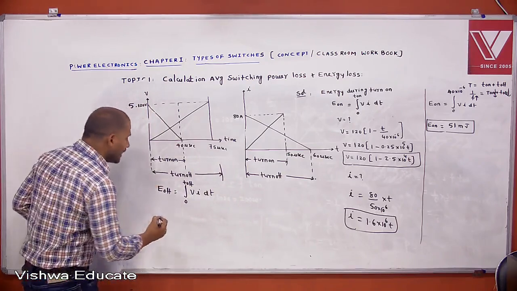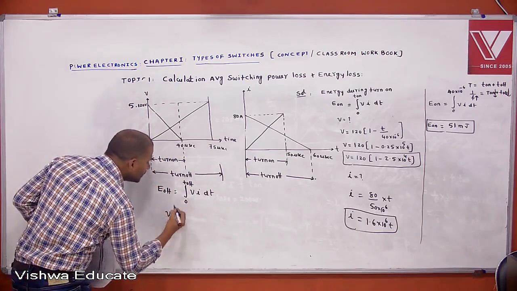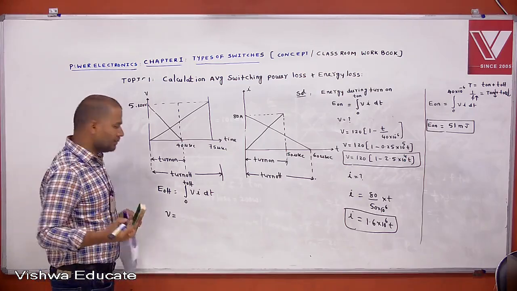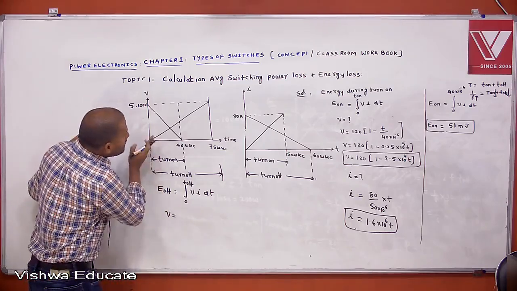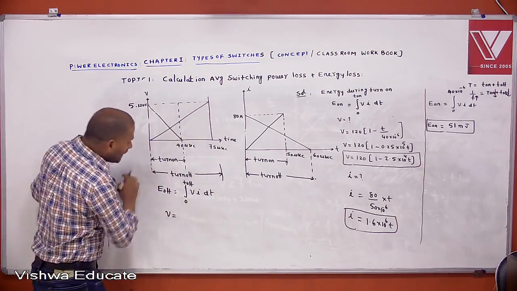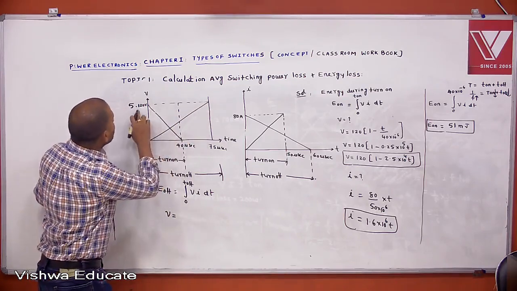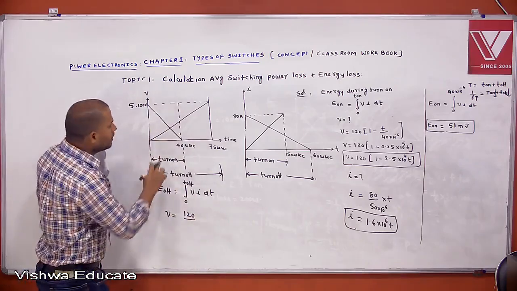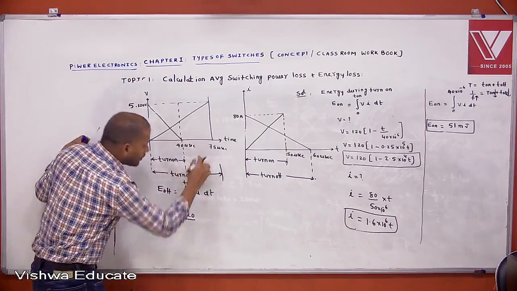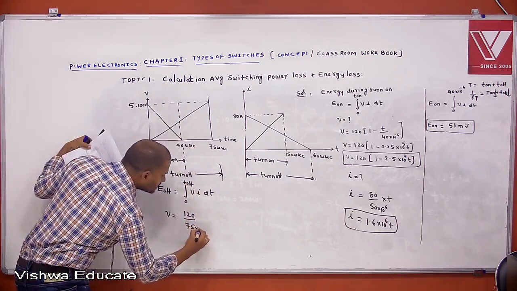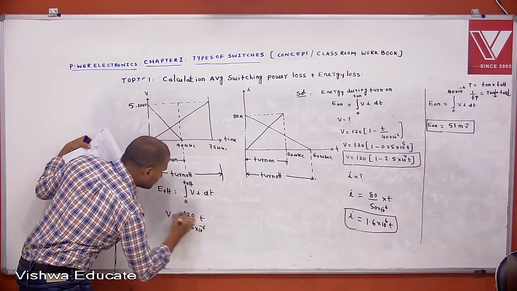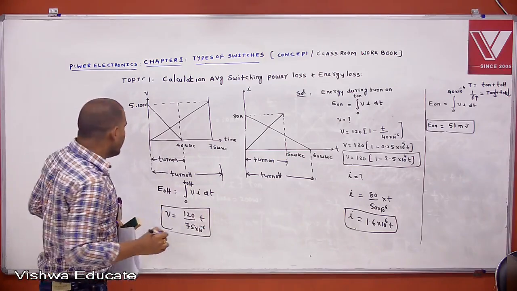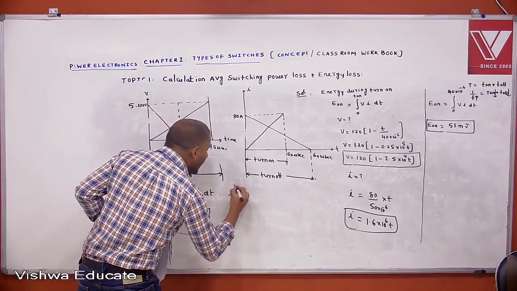Then during off state, you write the expression for V. During off state means voltage is rising. Voltage rising means amplitude is how much? 120 by T off, how many microseconds? 75 microseconds, into T. This is the expression for V. Then what is the expression for I?